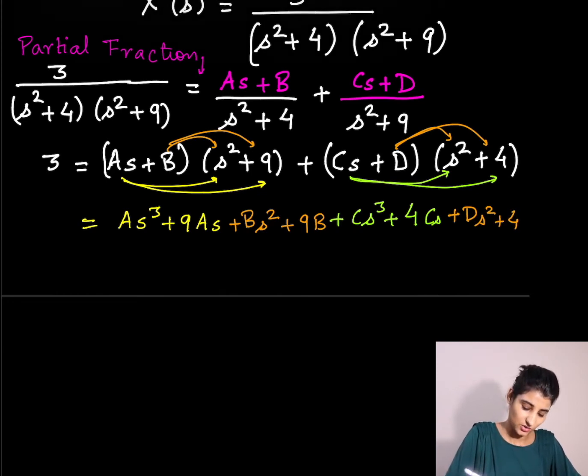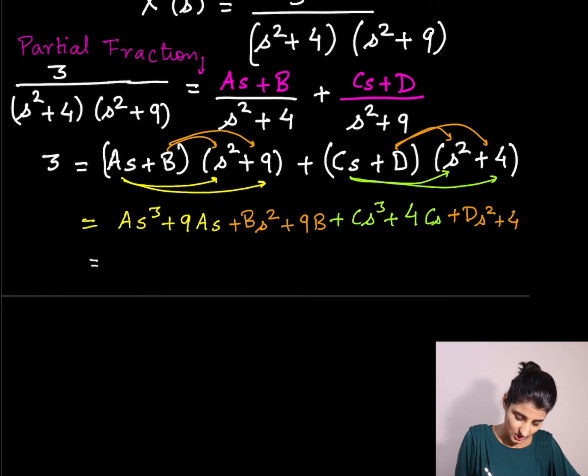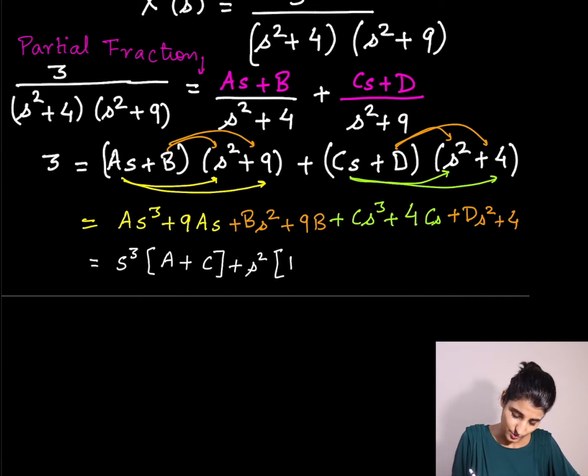Now let's collect the coefficient. The coefficient of s cube is a plus c. The coefficient of s square is b plus d.